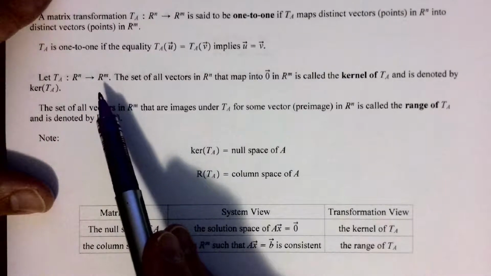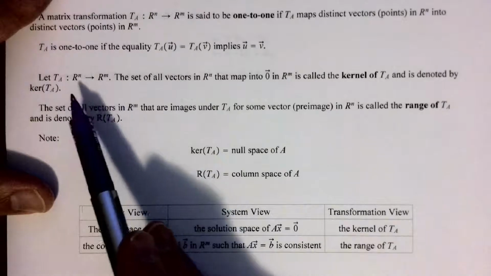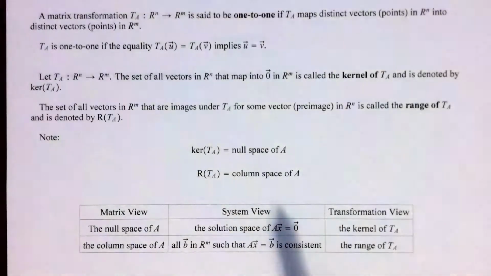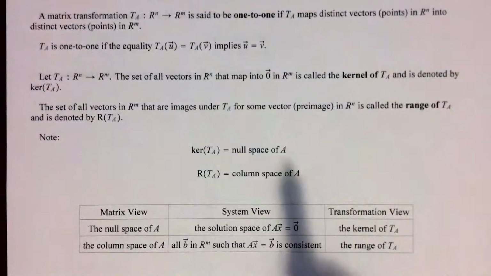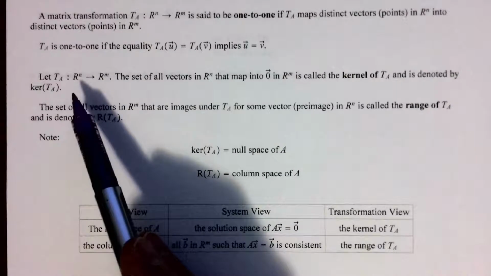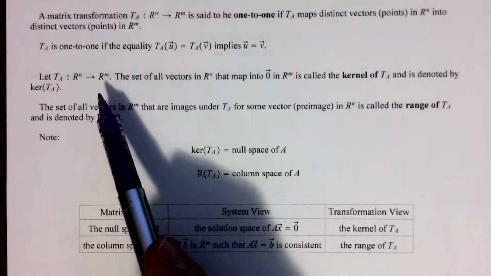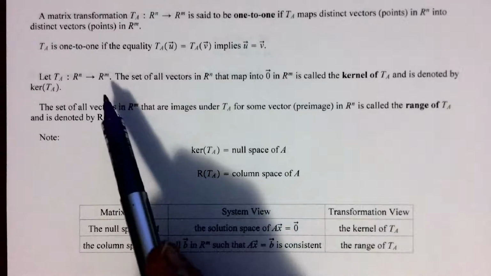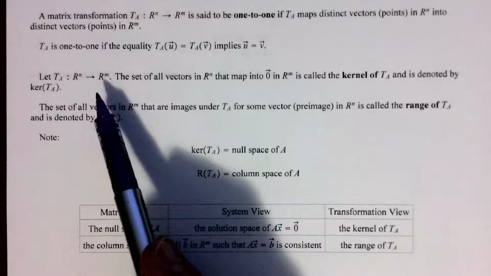The domain and the codomain are the vector spaces where these functions operate, so to speak. They have the input, if you will, in the domain, and then the output or the image is in the codomain. But the range then is a subset of the codomain.